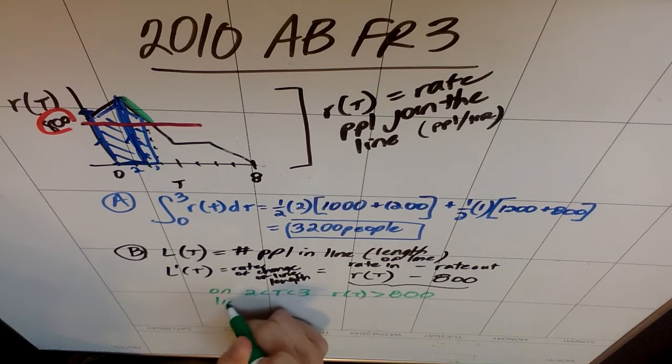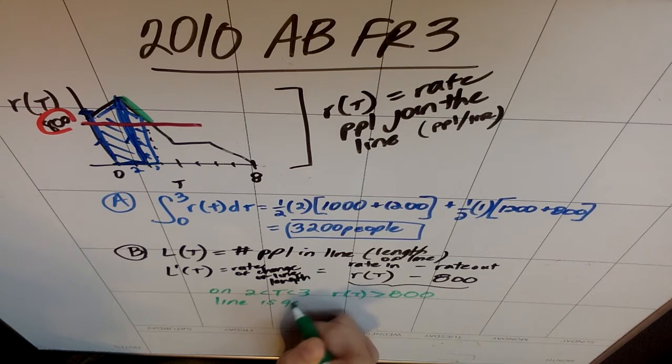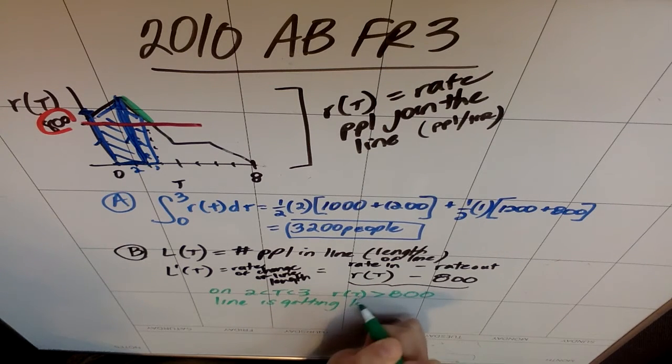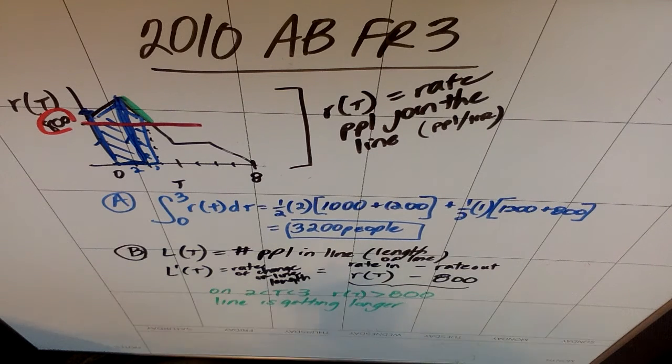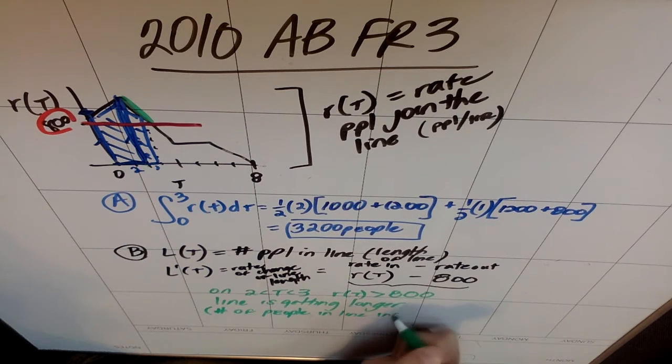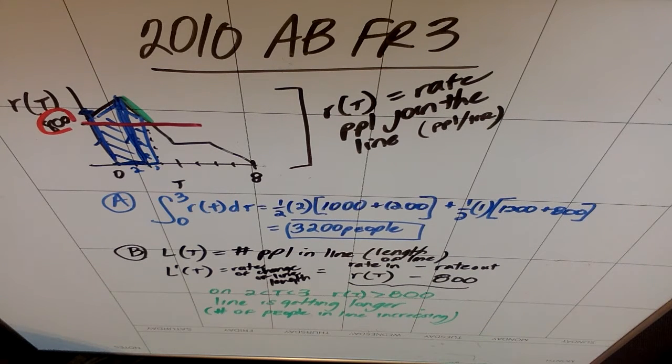But if we put it in the way they worded it, because you should always try to use what they said, the wording was, is the number of people in line increasing or decreasing? Well, that's the same thing as saying the number of people is increasing. So the number of people in line is increasing. Okay, so that's my part B.